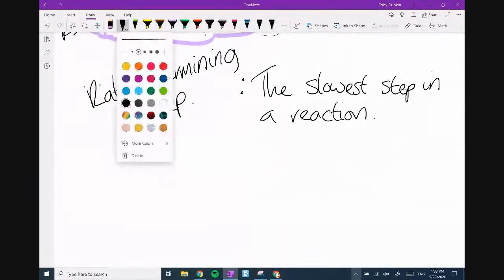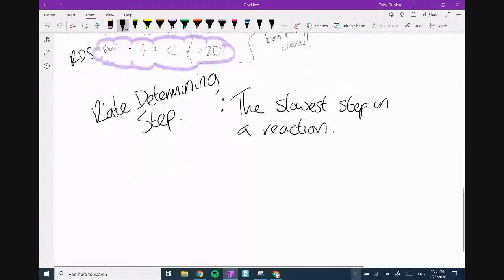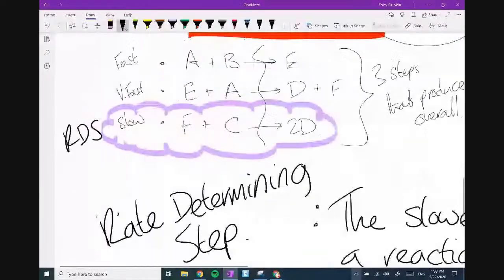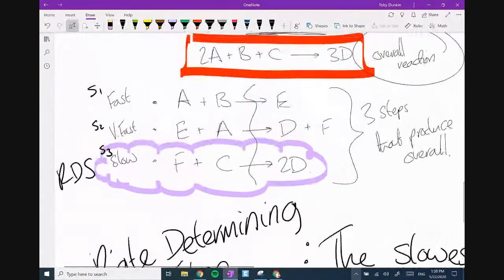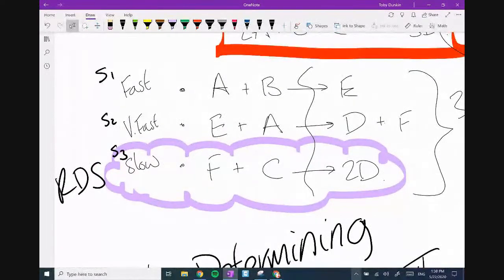And I think what everyone here probably realizes is that if step 1, let's call this S1, S2, and S3. I think everyone here would agree, if S1 and 2 are fast and 3 is slow, if I add loads of A, is it going to matter?